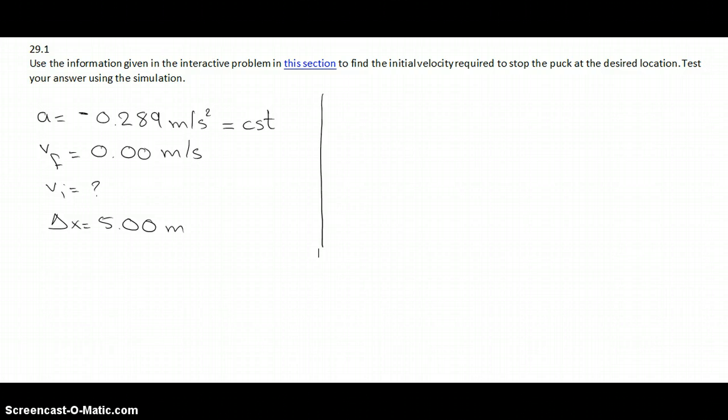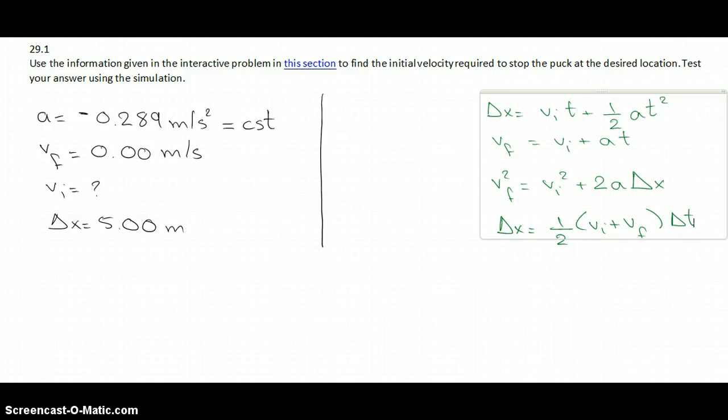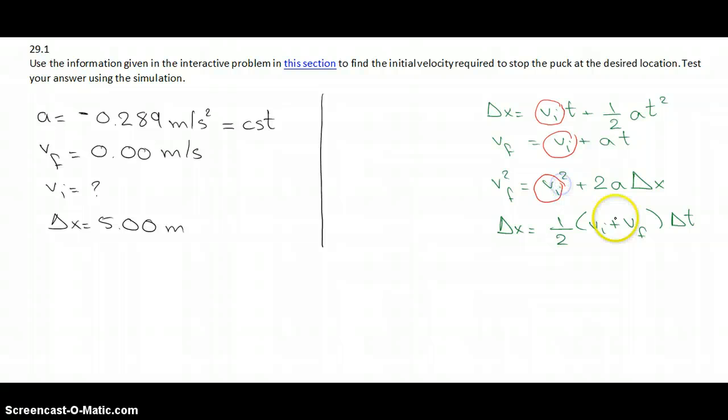I will put them in front of me, and now I look at them to decide which one I'm going to use. So I want an equation that will give me initial velocity. That will be the first one, the second one, third one, fourth one too.